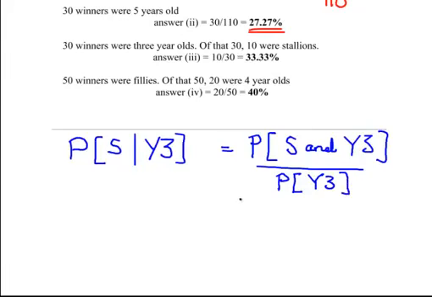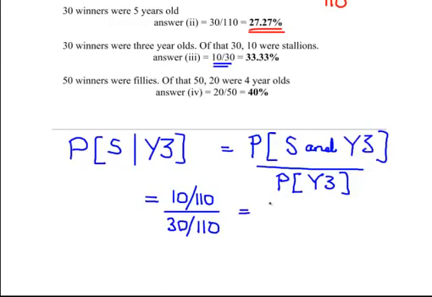Now we're using the same numbers here. So the probability of being a stallion and 3 years old is equal to 10 out of 110, divided by the probability of being a 3-year-old, 30 divided by 110.